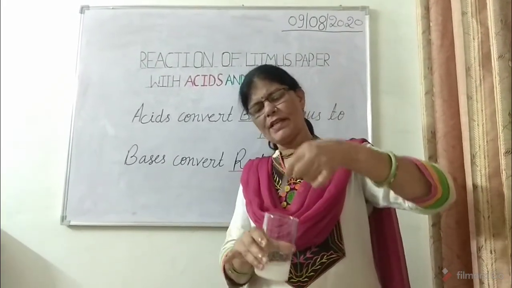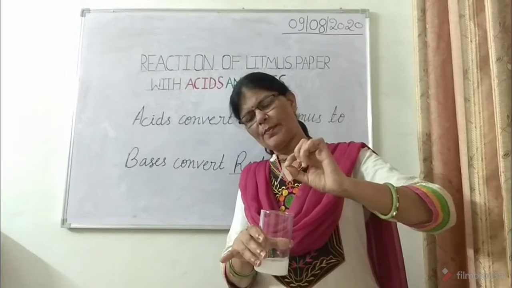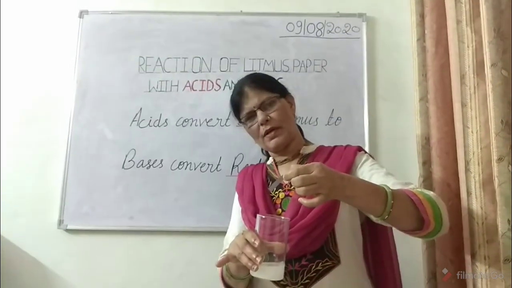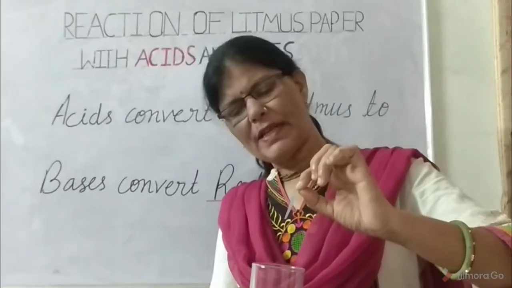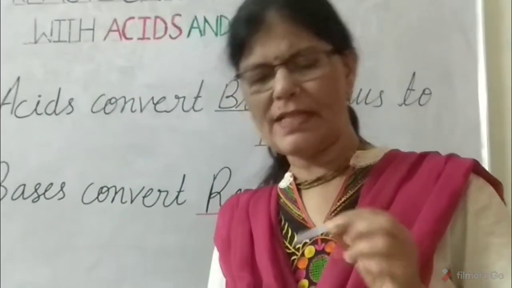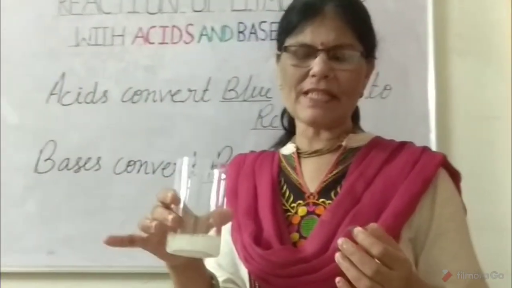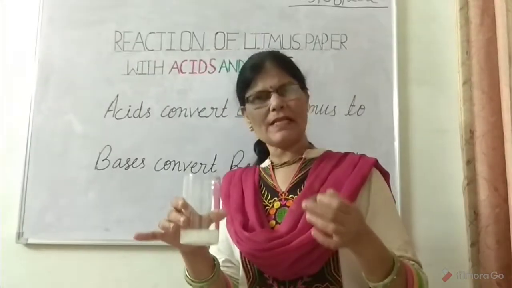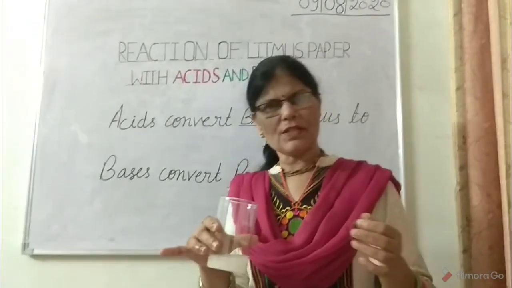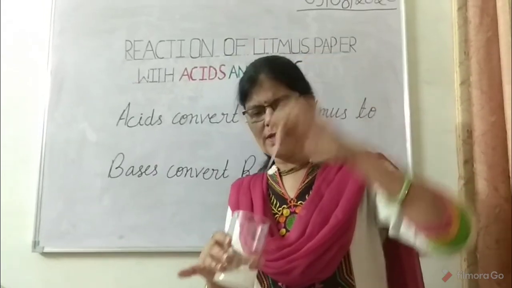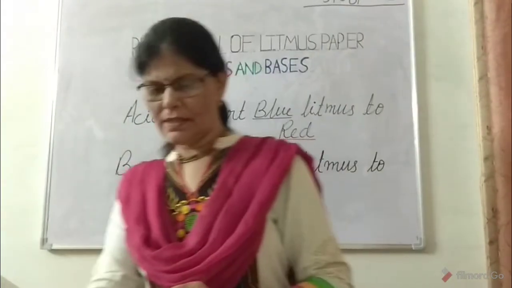So can you see the change in color? Red litmus paper has changed into blue color. It means detergent solution contains base. It is basic in nature because bases convert red litmus into blue color. So this is blue color. This is about the detergent solution.